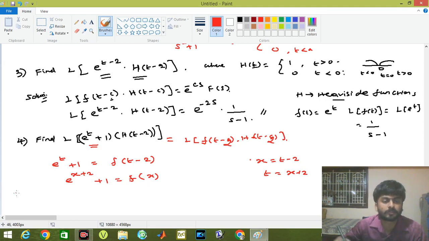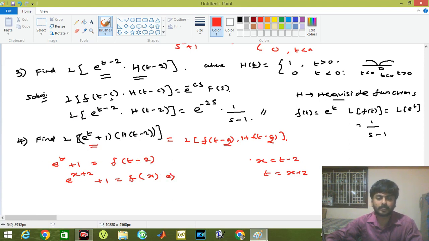Okay, now this entire function is L of f of t minus 2. So this f of x is f of t minus 2. So in the next step, we are going to find a Laplace transform for this.